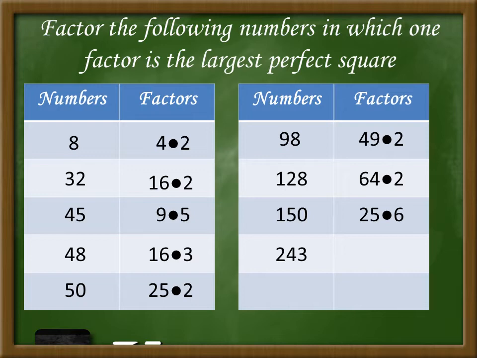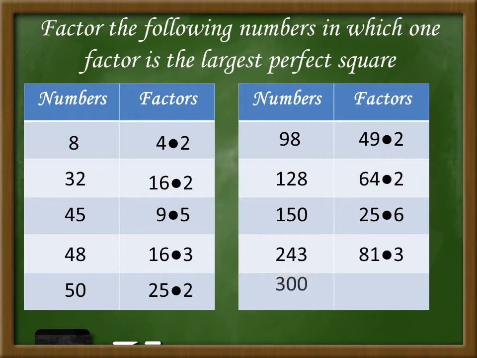Multiply by 2, 3, 4, 5 for perfect square factors. 2, 3, 4, 5, 6 to get 243. So what are the factors? That is 81 times 3. So the largest perfect square is 81.